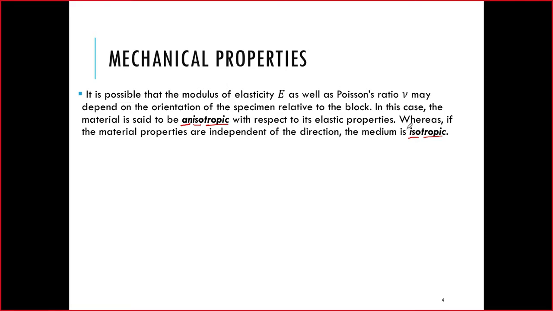Now of course, just to clarify some examples of materials which behave anisotropically or isotropically, कुछ materials which have very particular directional dependence of the structure. So for example, if you consider some materials which have fibers aligned in one direction, then you can imagine that material is going to be anisotropic. So for example, it might be much stronger in the direction of the fibers, whereas across the fibers it may be very weak. So that's one example of materials having strong directional dependence.